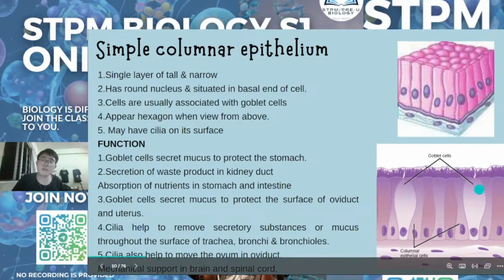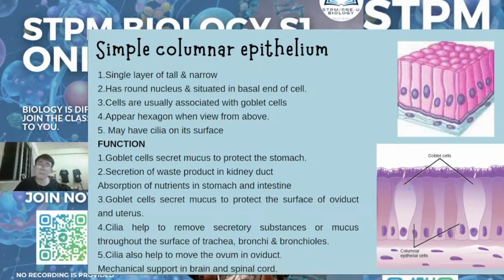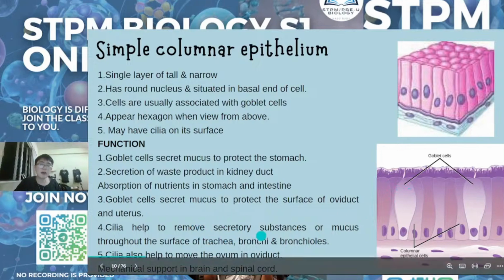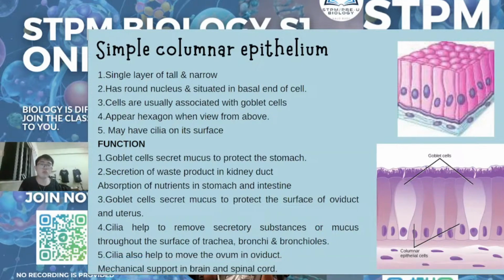And then what are the functions of cilia? Cilia normally help to remove secretory substances or mucus throughout the surface of the trachea, bronchus, and bronchiole. So this can also be found in our lung, because it needs to remove all these secretory substances and mucus.